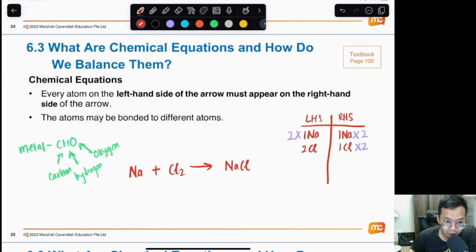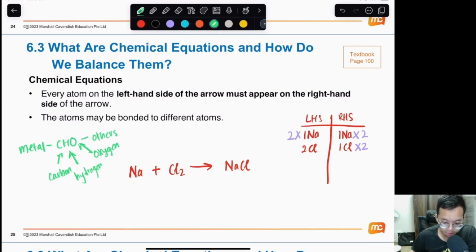So the metals are balanced here. Next we balance out the carbon. There's no carbon, no hydrogen, no oxygen. So finally we have to balance out the chlorine. Maybe we should add one more here.